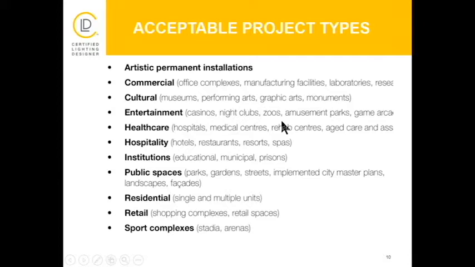So I put a list of the projects which are nominally permissible, and we see artistic permanent installations, commercial, cultural, entertainment, healthcare, hospitality, institution, public spaces, residential, retail, sport.